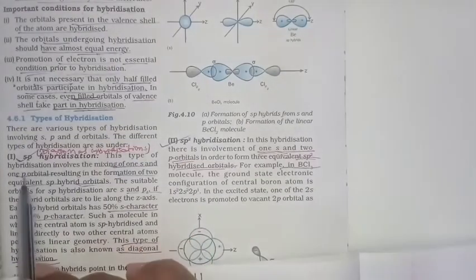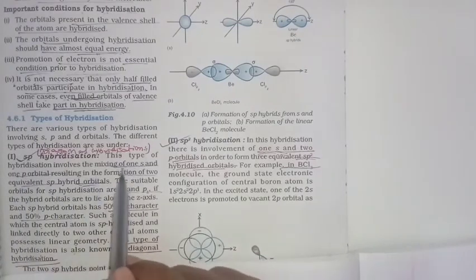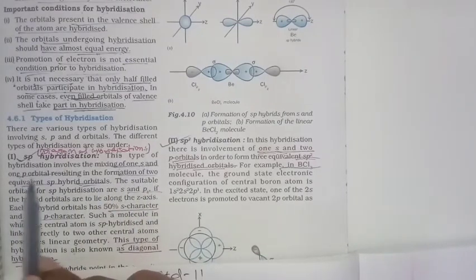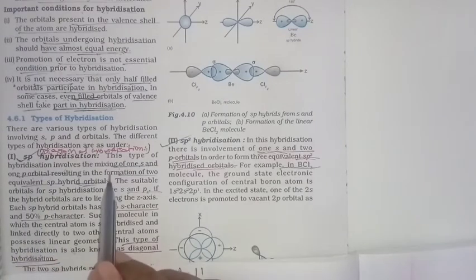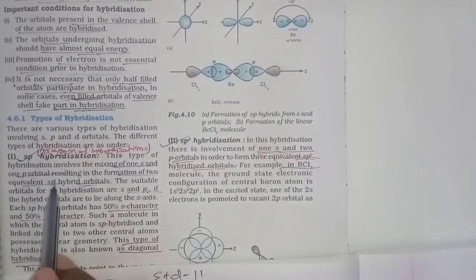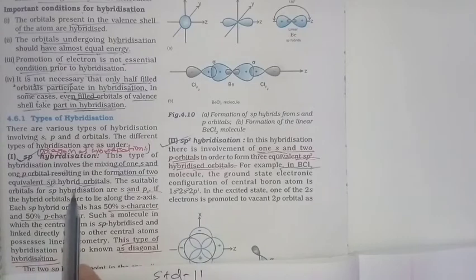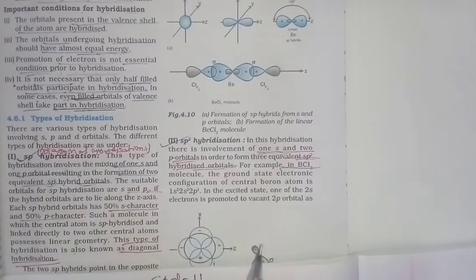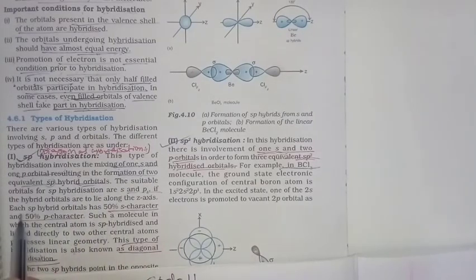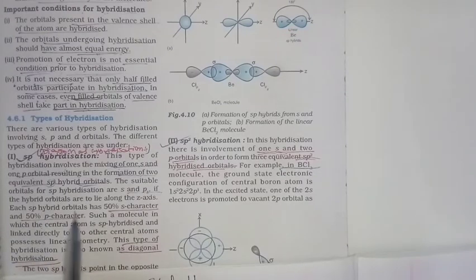This type of hybridization involves the mixing of one s and one p orbital in the formation of two equivalent sp hybridized orbitals. Each sp hybrid orbital has 50% s character and 50% p character.